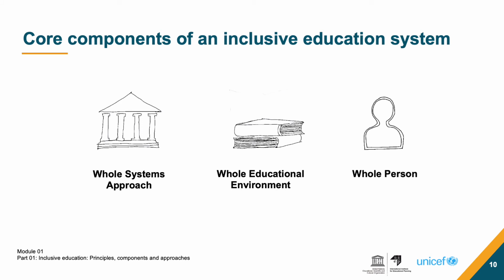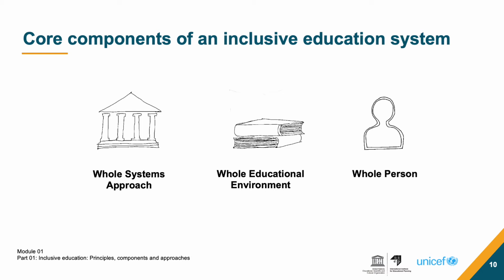Finally, the whole person must be taken into consideration. This means recognition is given to the capacity of every person to learn, and high expectations are established for all learners, including learners with disabilities. It commits to ending segregation within educational settings by ensuring inclusive classroom teaching in accessible learning environments with appropriate supports.